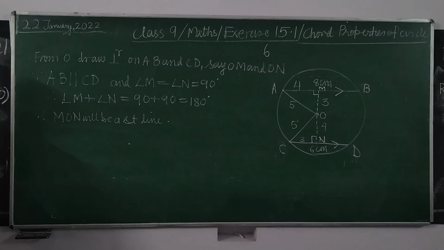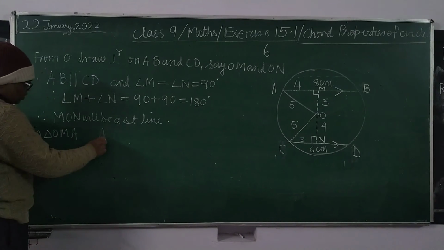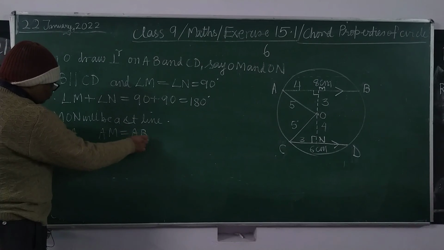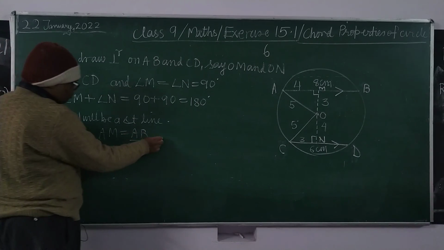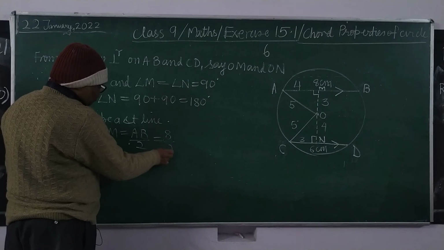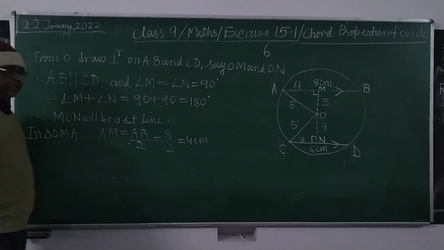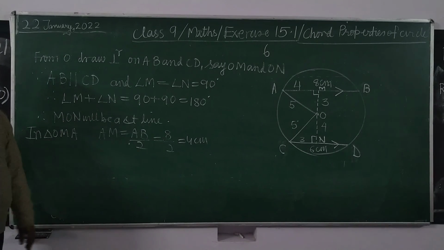Now you can write in triangle OMA. What will be AM? AM equals AB upon 2, 8 by 2 equals 4. What is the reason? Already I have mentioned many times. Perpendicular drawn from center on the chord bisects the chord.